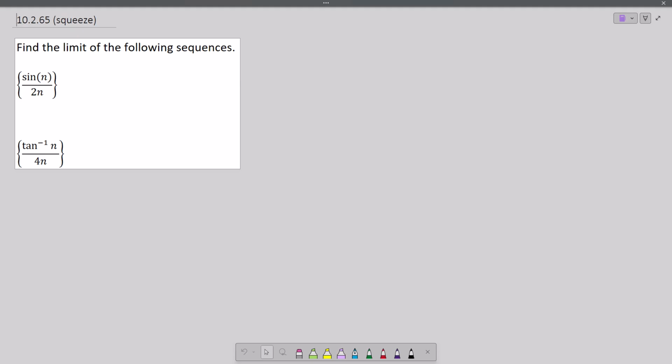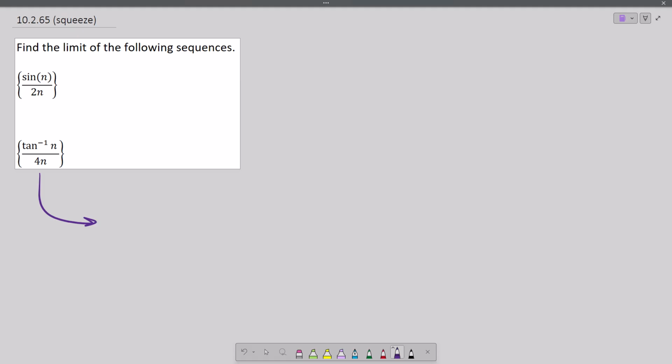So let's do a little squeeze theorem. Let's do the inverse tangent one, because we see inverse tangent all the time. When you take the limit of a fraction, you can take the limit at the top and the limit at the bottom. The limit distributes, if you will. The limit at the top we know is pi over 2.